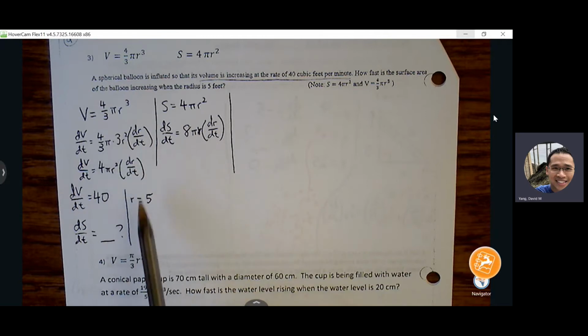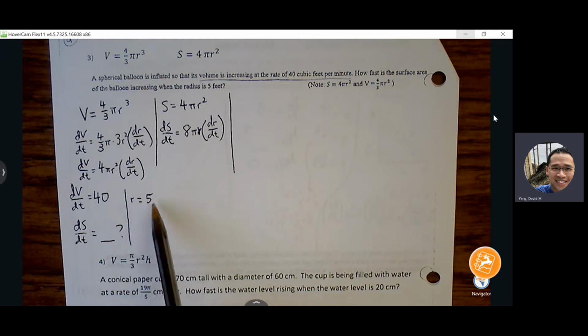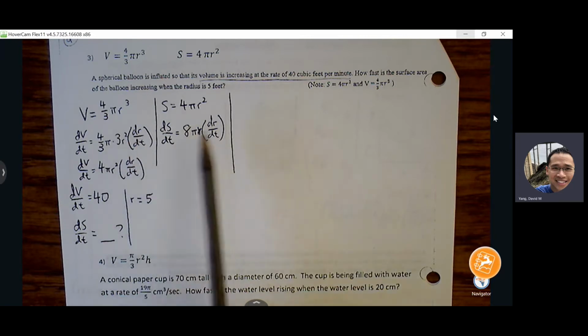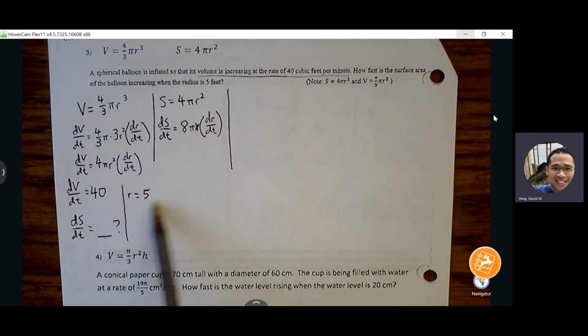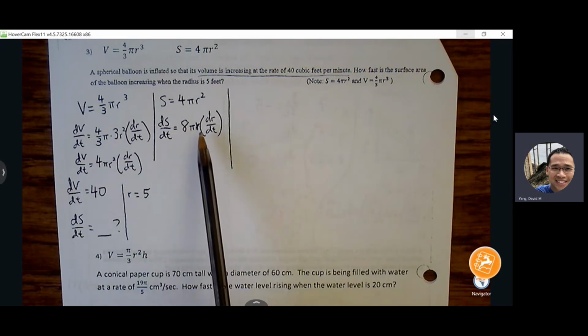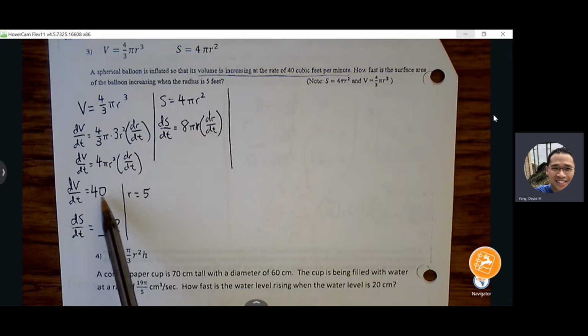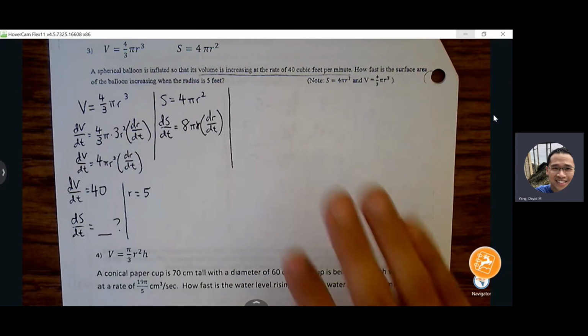Yeah, right. So sometimes the problem doesn't give us the radius. We had to find the radius. In the previous problem, I think it gave you the surface area, and you had to work backwards to find the radius. Here, they give you the radius, so that is already ready for us to use. But we are missing dr dt, and the connection with dr dt is we want to use dV dt to help us get there. Good.